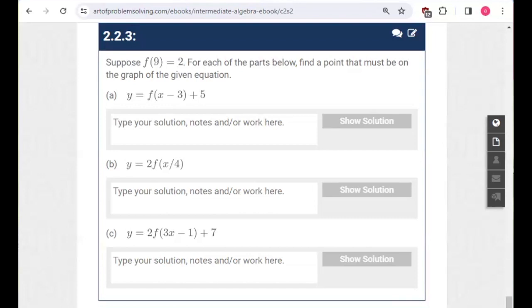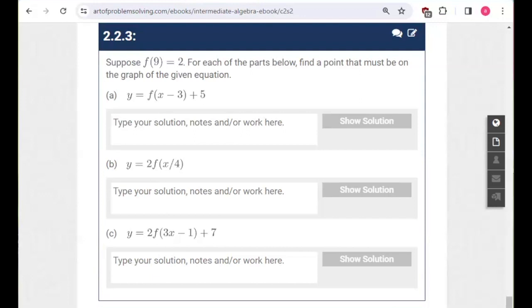Right. Can you tell me, what is your A value? 2. What is your K value? Positive 1/4. What is your D value? 0. There's nothing being added. Yeah. What's your C value?